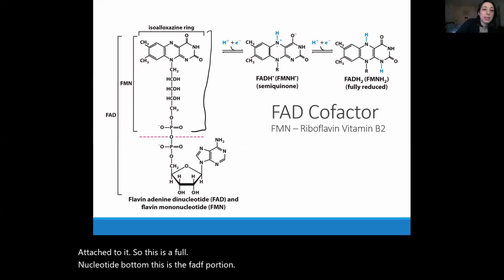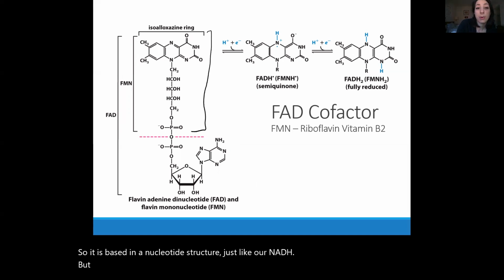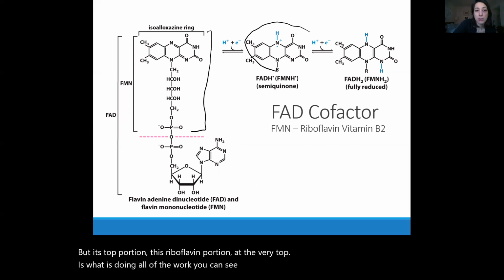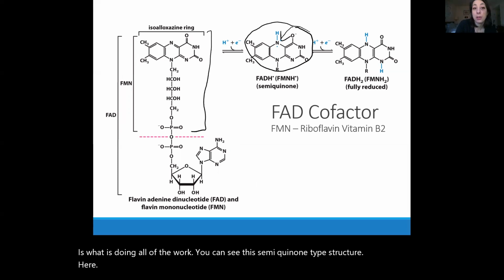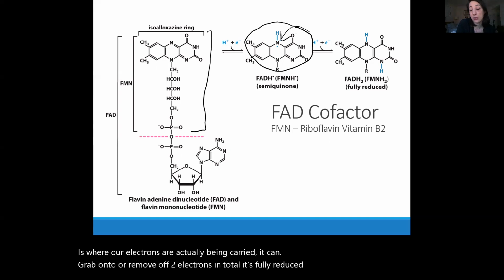So it is based in a nucleotide structure, just like our NADH, but its top portion, this riboflavin portion at the very top, is what is doing all of the work. You can see this semiquinone-type structure here is where our electrons are actually being carried. It can grab onto or remove 2 electrons in total, its fully reduced form being FADH2.